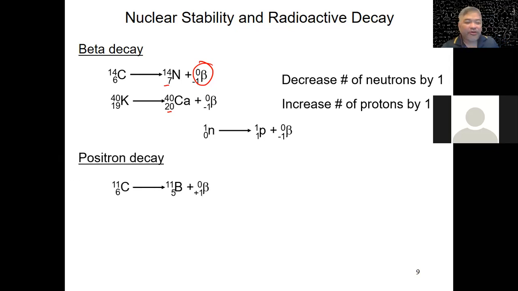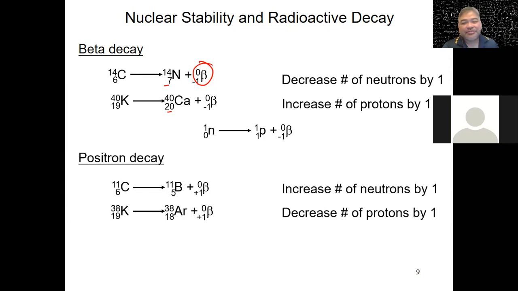Okay? Now, positron decay, on the other hand, what do you have? Instead of a beta particle, you have a positron. That's the positively charged electron. So if you look at what is happening here, you have a proton forming a neutron and a positron.